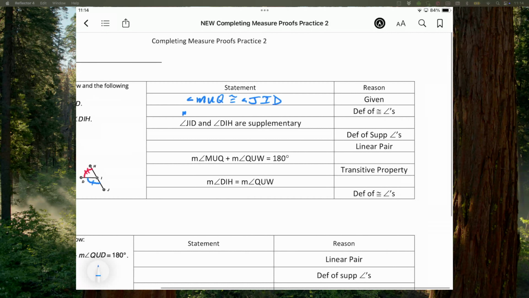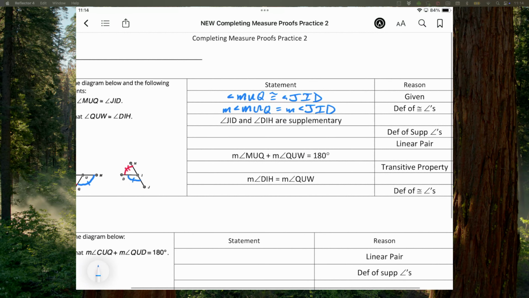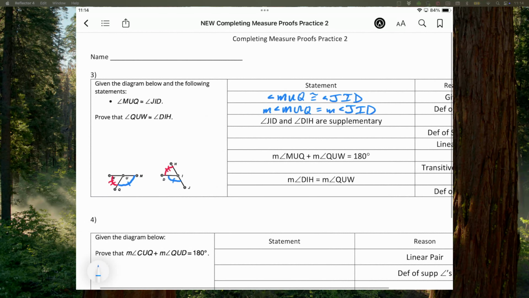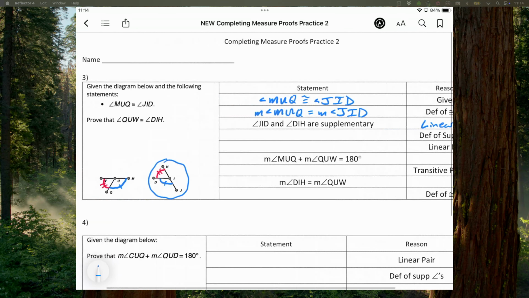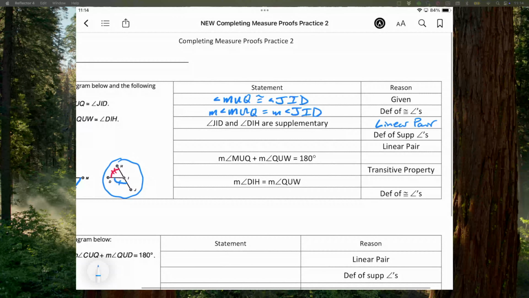Definition of congruent allows us to change it to be measure of angle MUQ is equal to the measure of angle JID. Now we're going to say JID and DIH are supplementary. That's this pair right here, because they form a linear pair. Then we're going to say their measures sum to be 180 degrees.